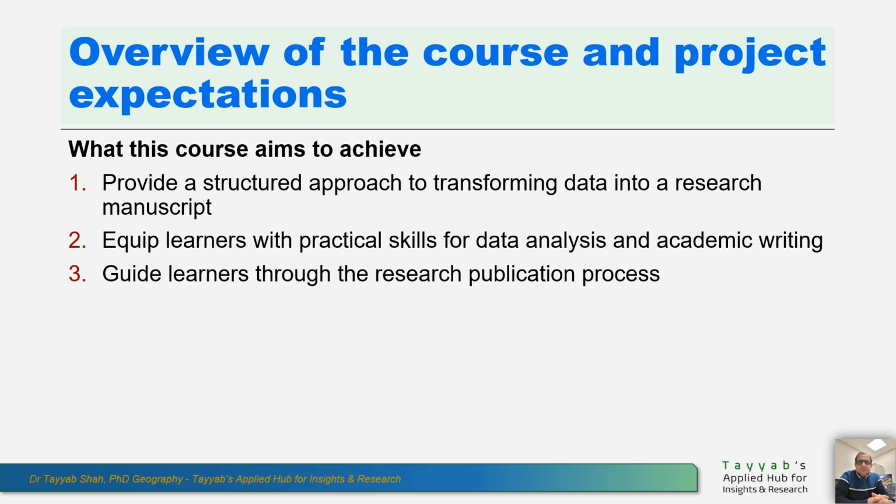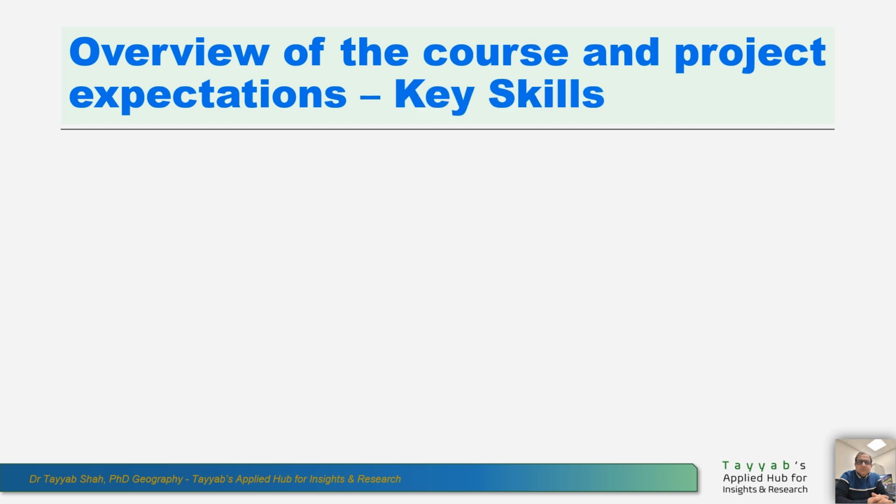So at the end, after writing, I will show you how you want to publish. This is a complete solution from when you start the data analysis to when you publish a paper based on your analysis and results.